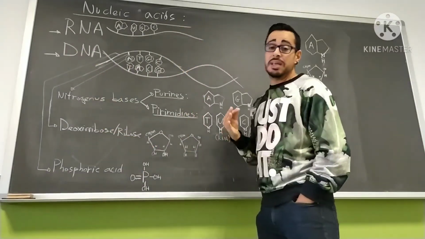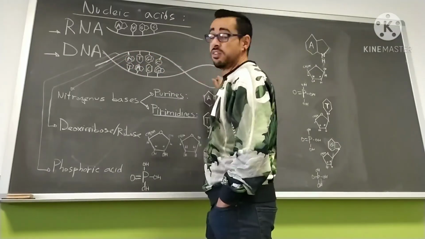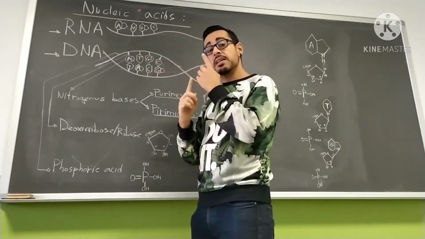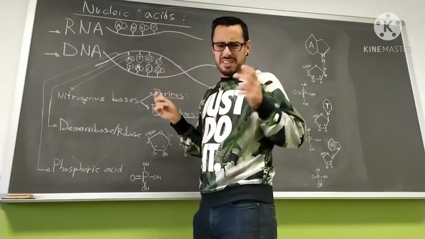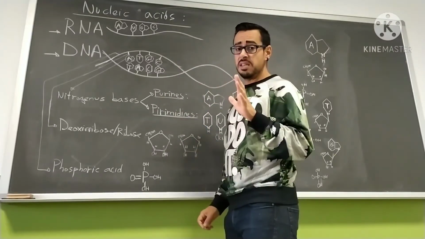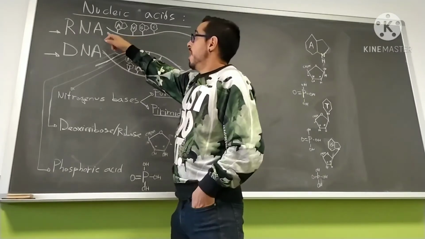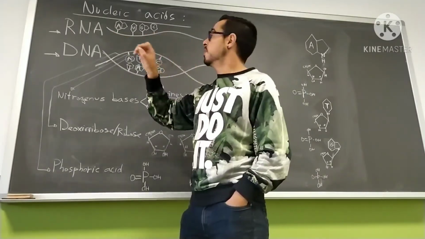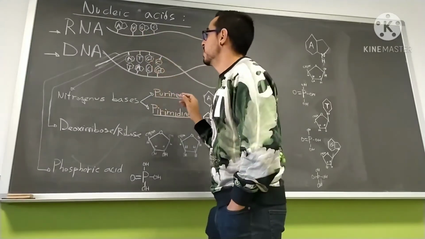You all know that DNA has a double chain structure, like a helix, and it has some letters inside. You told me in class. Okay, so let's see what those letters are. In the case of RNA, it's not a double chain, it's a single chain, and it also has letters.